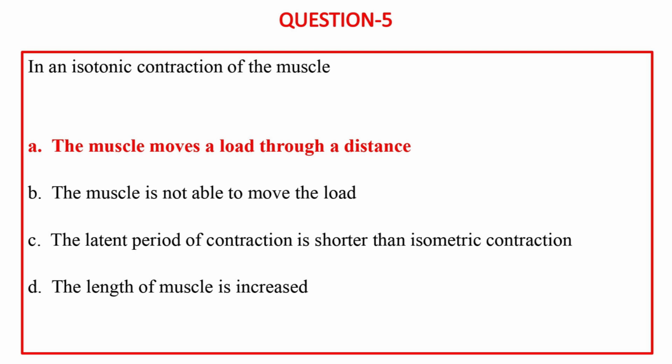It does not remain the same, and the muscle is prevented from shortening, so the external work is actually 0. It happens in isotonic, but not in isometric. Since the question is about isotonic contraction, option A is correct, that is, the muscle moves the load through a distance.